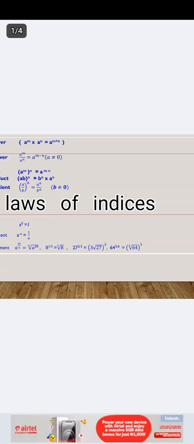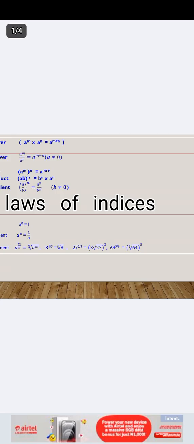In this section, we will learn everything you need to know about the laws of indices for SSCE, NECO, UTME mathematics. You will learn what the laws of indices are and how to apply them.